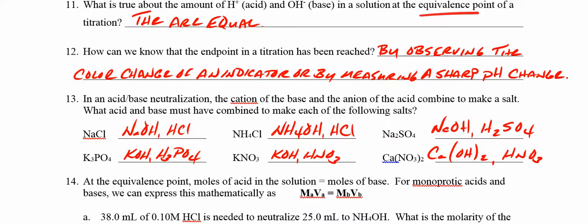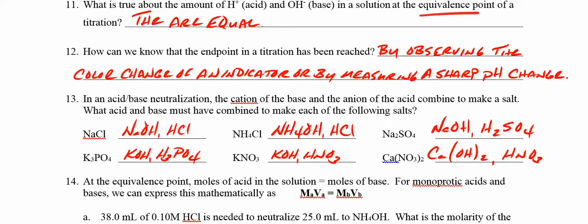In an acid-base neutralization, the cation of the base and the anion of the acid combine to make a salt. What acid and base must have been combined to make each of the following? So here we have NaCl, sodium chloride. What do we mix together to get that? Remember, we're going to need a chloride ion and a sodium ion, so we're going to get them from sodium hydroxide and hydrochloric acid.